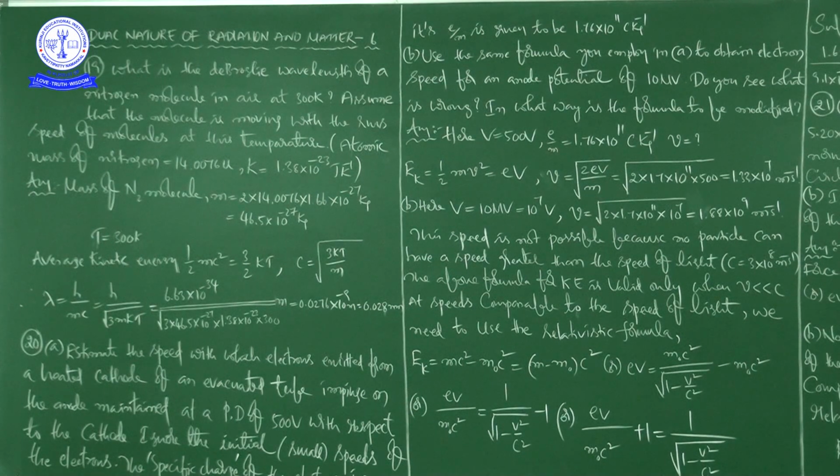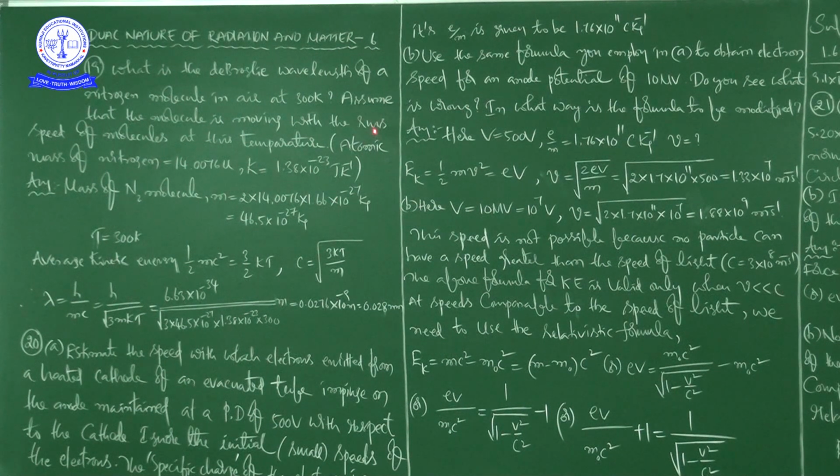So first, try to understand the problem: what they have given and what we need to find. He is asking to find the de Broglie wavelength of a nitrogen molecule in air at 300 Kelvin temperature. They have also given one assumption, that the molecule is moving with the RMS speed, the root mean square speed, at this temperature.